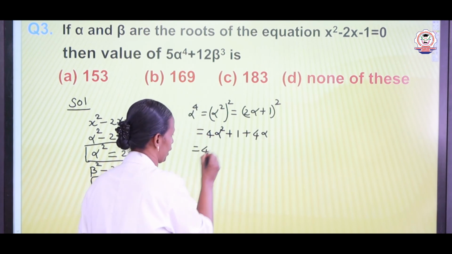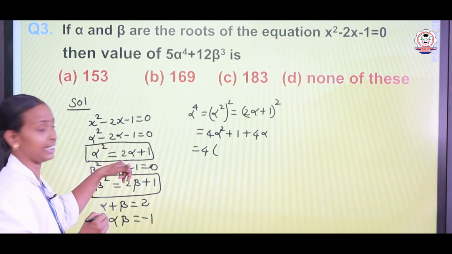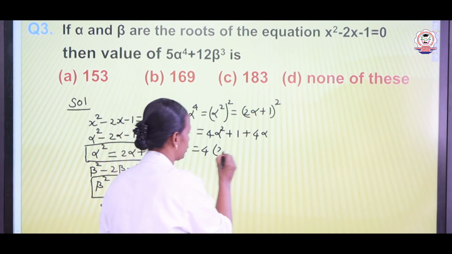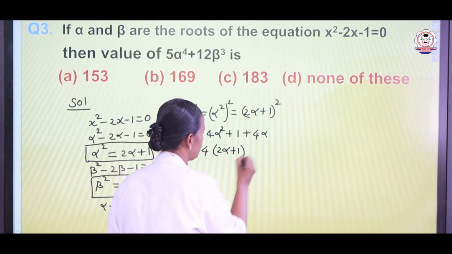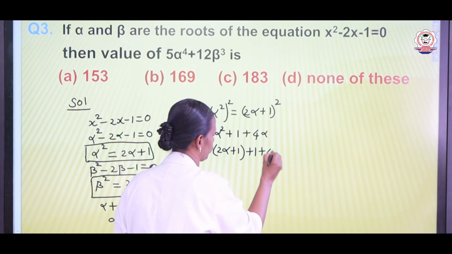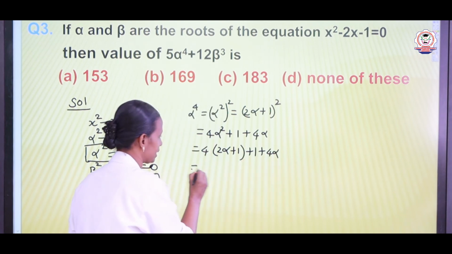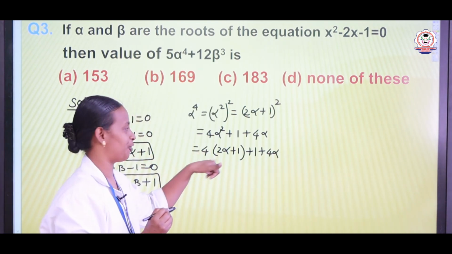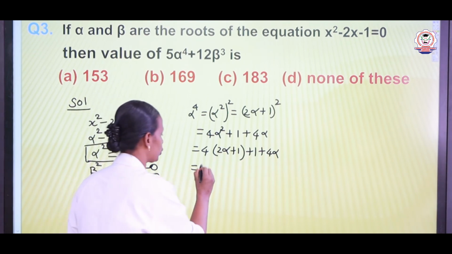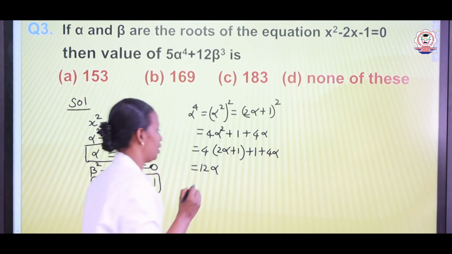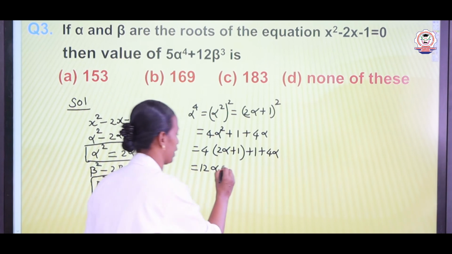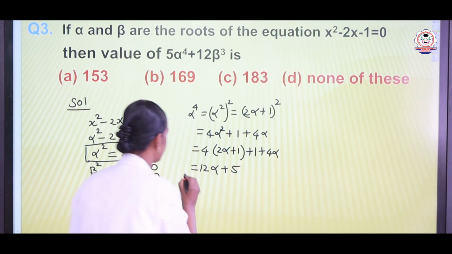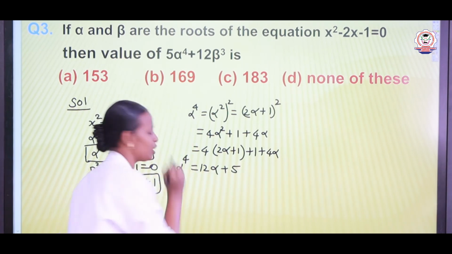Instead of alpha square, you have to substitute 2 alpha plus 1. 2 alpha plus 1 plus 1 plus 4 alpha. That is 4 2s are 8 alpha. Here also 4 alpha. So, totally 12 alpha. 1 into 4, 4. 4 plus 1, 5. This is our value, alpha power 4.